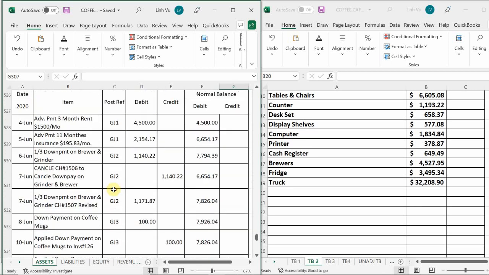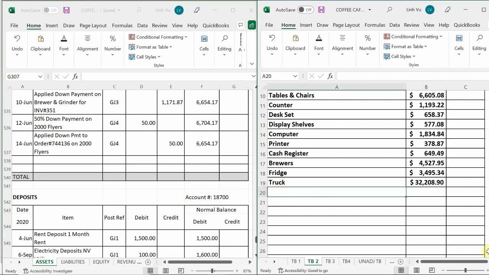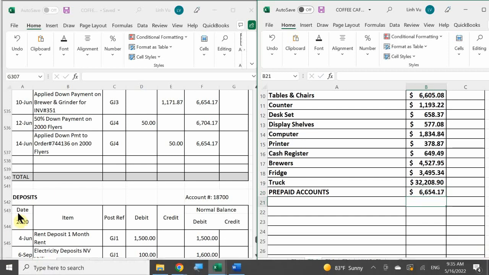So we did a lot of transactions here, making down payments, making prepayments, and then applying them into our invoices. So right now, I'm currently at a grand total of prepaid accounts of $6,654.17. Okay.